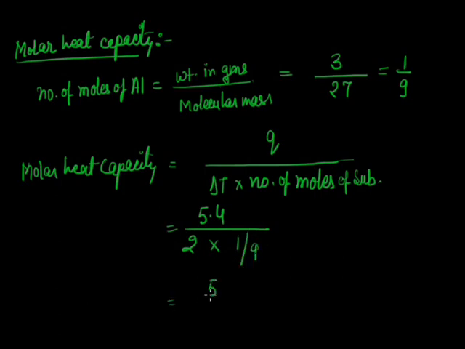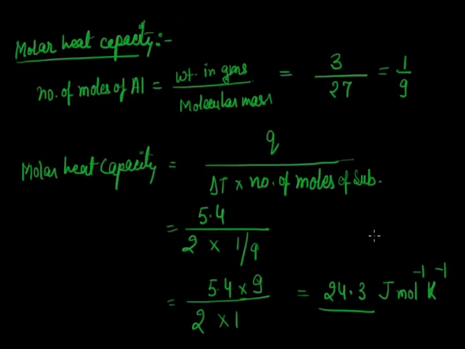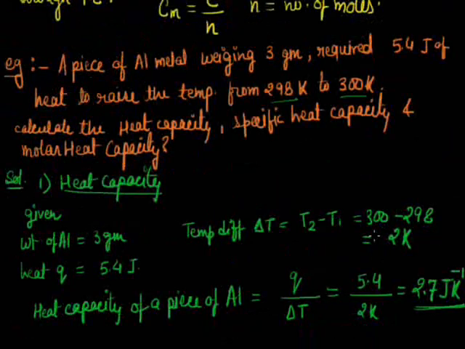We can solve it: 5.4 divided by 2 into 1 by 9, so it will become 24.3 joule mole inverse Kelvin inverse. On the basis of this, we can easily differentiate the heat capacity, specific heat capacity and molar heat capacity.